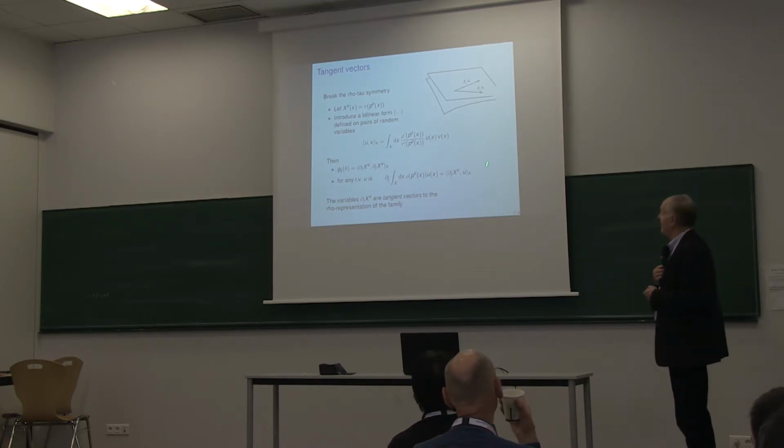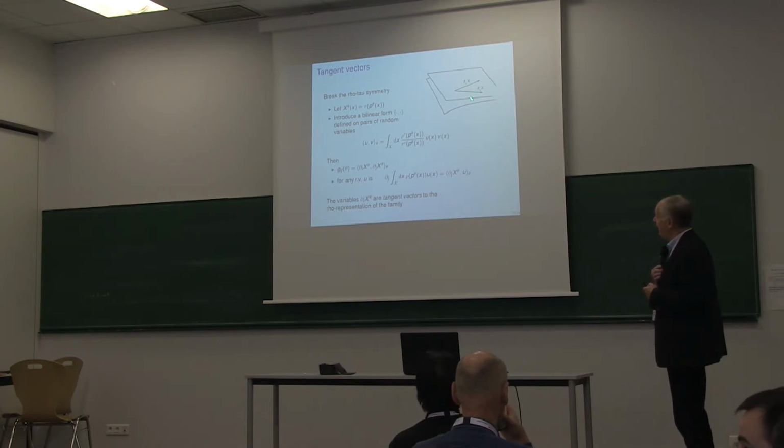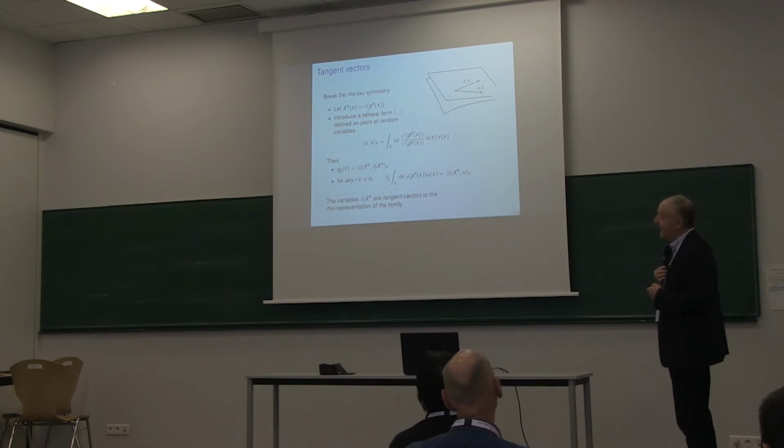So you can realize now a tangent plane. Well, in the first place it will be a finite dimensional Hilbert space where the unit vectors are the first derivatives of that random variable. Okay? And then the point is that we consider this linear space as the tangent plane to the rho embedding of the family.